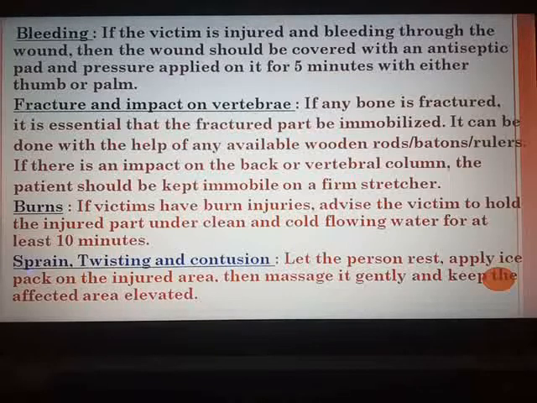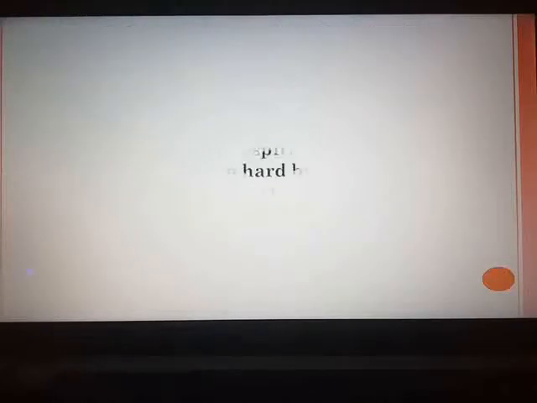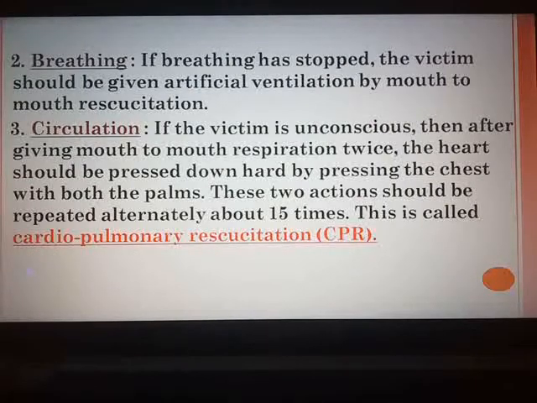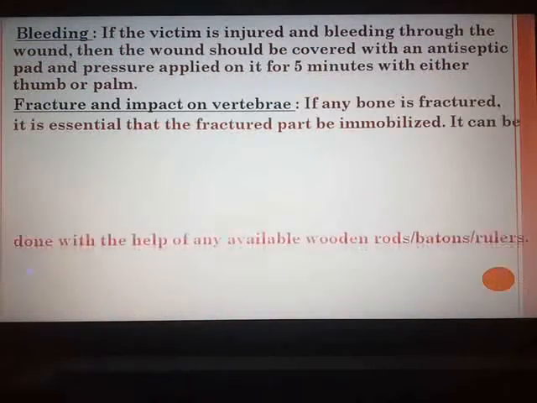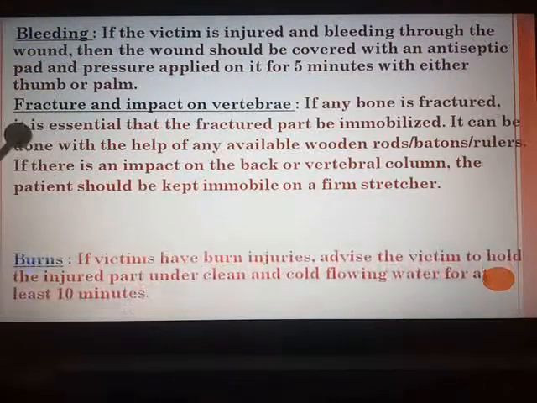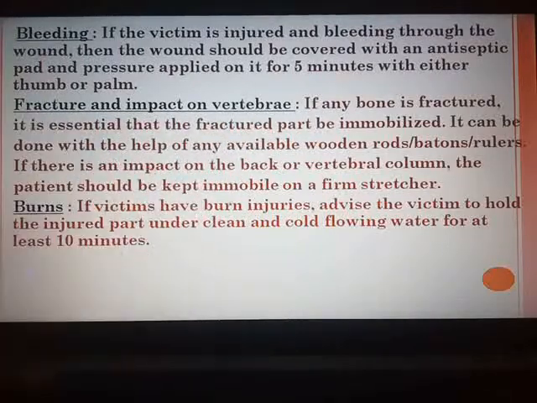What you will do if the patient is unconscious? You are going to follow the circulation part. So this part you are going to write about the circulation. Or if I ask you that the person's hand is fractured, then you are going to write about this part. The bone is fractured, it is essential, so what you will write is that the fractured part should be immobilized.